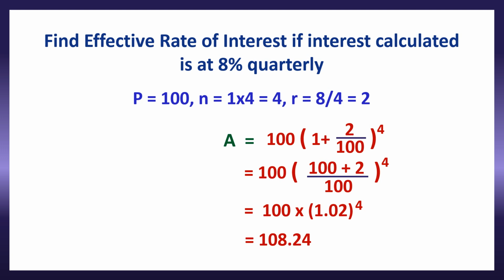This is the amount to be paid at the end of that period. Here we are considering 1 year. So the amount at the end of the first year is 108.24. This is not the interest amount. This is the total amount at the end of the year.